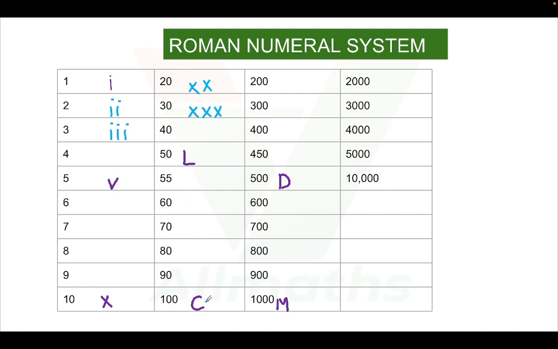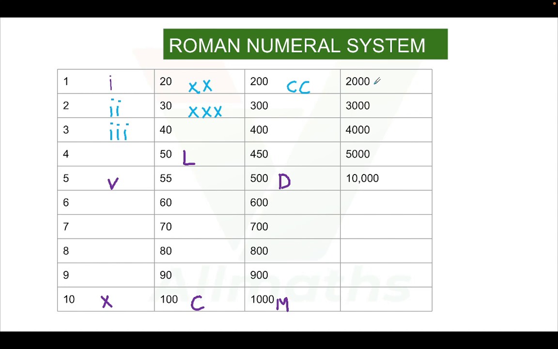So we move to C, which is another family of 1. So we can have what? C, C, which is what? 100 plus another 100, giving us 200. D is a family of 5. It cannot take a twin or a triplet.